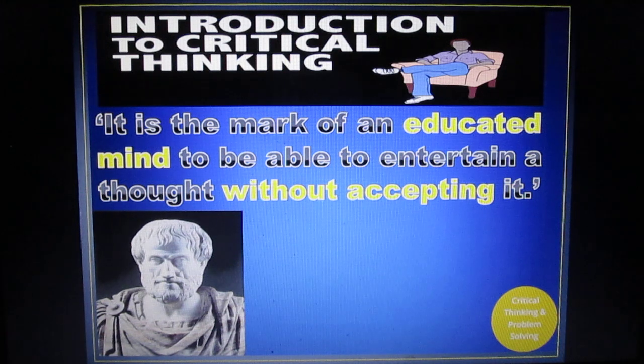Actually, he wanted to say that a person who is educated and sensible will never accept anything unless and until he has got proof. So for accepting anything, proof, facts and figures are required.